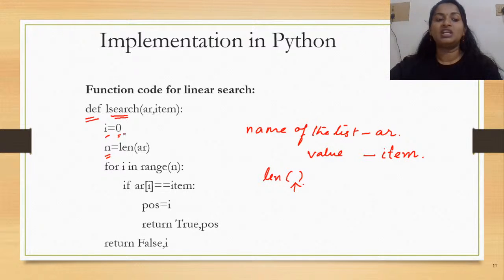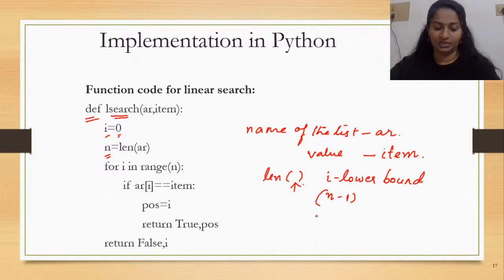I would be initialized to 0. So I is your lower bound, as we have discussed in the algorithm. And n is actually the total elements. So what would be your upper bound? Upper bound would be n minus 1, right?